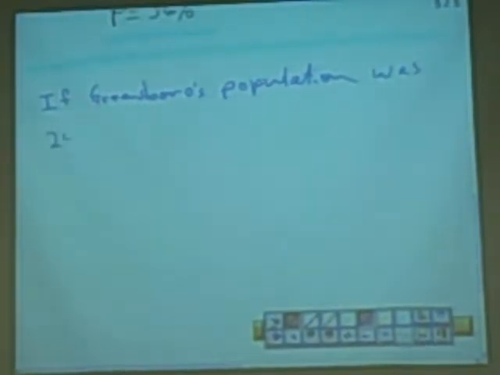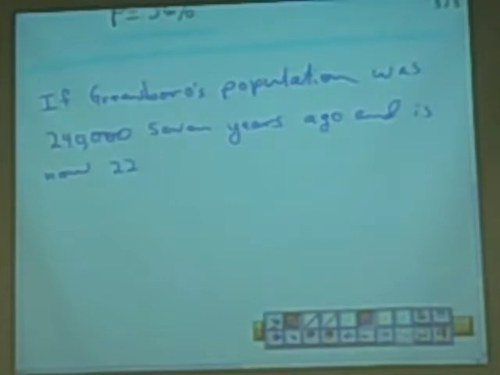Here we have, if Greensboro's population was 240,000 7 years ago, and is now 22,400, and that's just rounded to the nearest thousand.